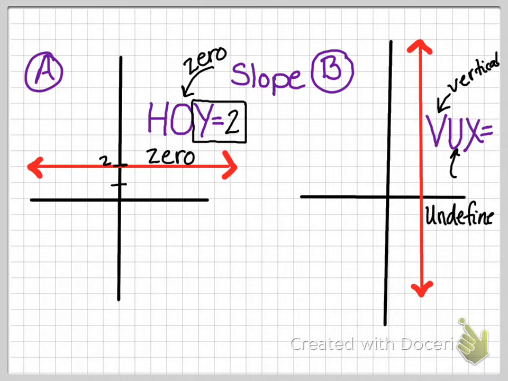Remember we talked about our little slope guy? If he's over here on A, he's going 0, so he's not really moving. But over here, our little guy is stuck in the side of the mountain. Help me, help me. And he's undefined. It's so steep, he's just dangling there on the side, like the Roadrunner. All right, what questions do you have? HOY and VUX.